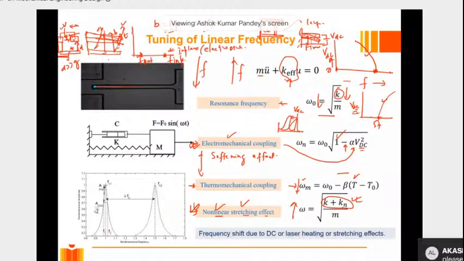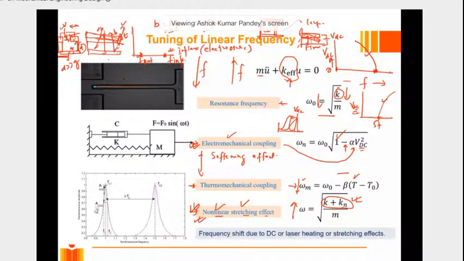And for the out of plane motion, where the gap is very large, even if it is grounded, the electrostatic effect will be less, right? So in that case, what will play? This stretching effect will dominate over the electrostatic effect.